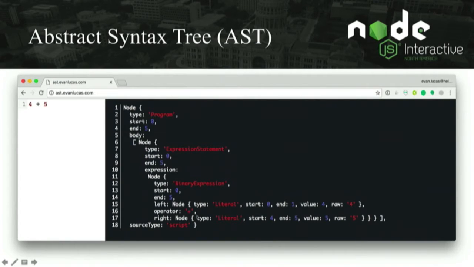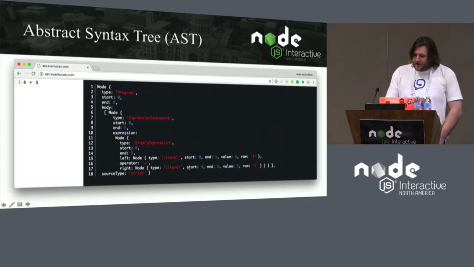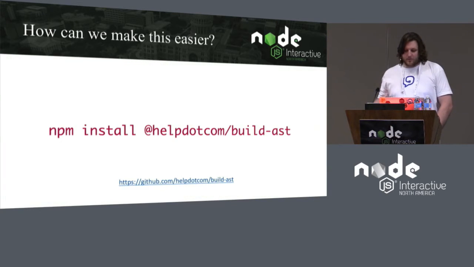The operator is the plus, and then the right-hand side is a literal with the value of 5. That's a lot for 4 plus 5. But this is one of the more basic binary expressions that you see a lot. So how can we make this easier?